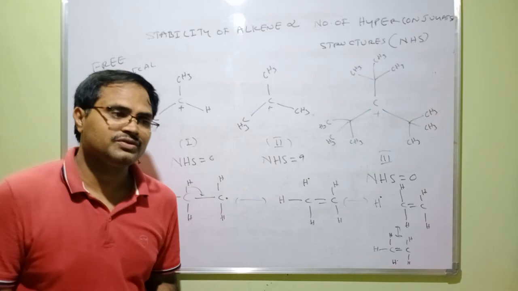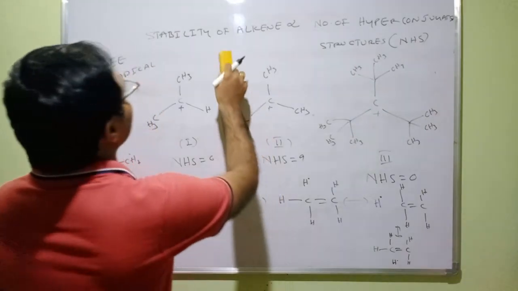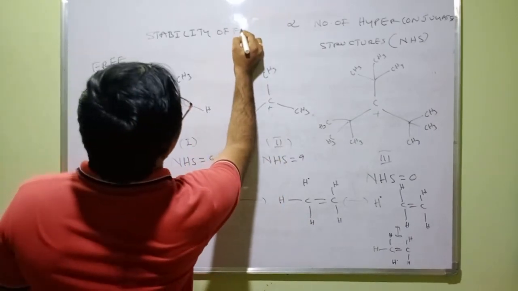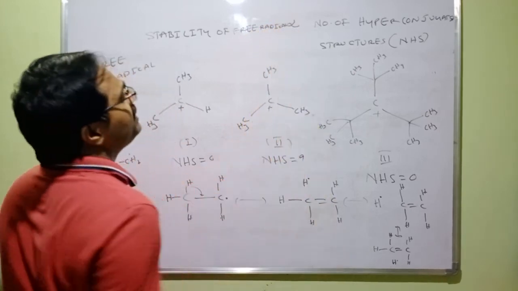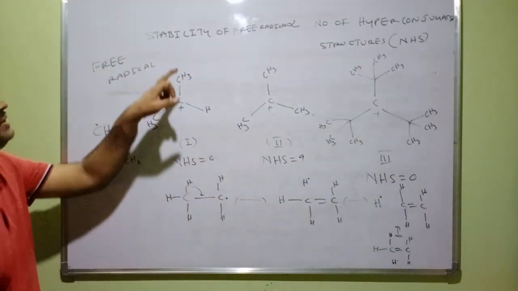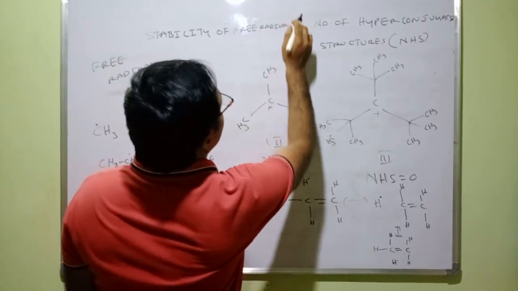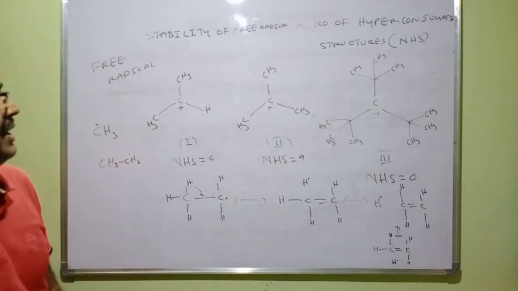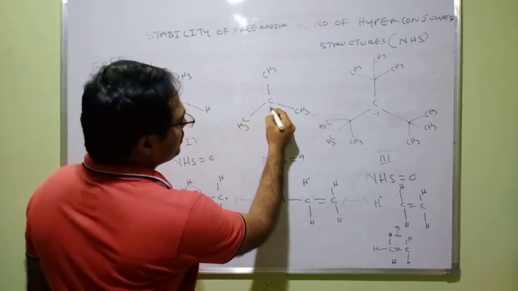The stability of a free radical is directly proportional to the number of hyperconjugated structures, NHS. So the same thing we will take, but instead of a positive charge, you take a radical.